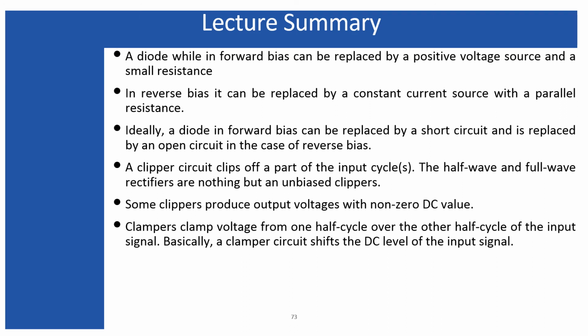And by shifting the input signal to the positive and negative, basically the clamper circuit introduces a DC voltage into the output signal. A clipper is used to clip off the half cycle either from the positive half cycle or from the negative half cycle, or partially from both half cycles of the input signal.